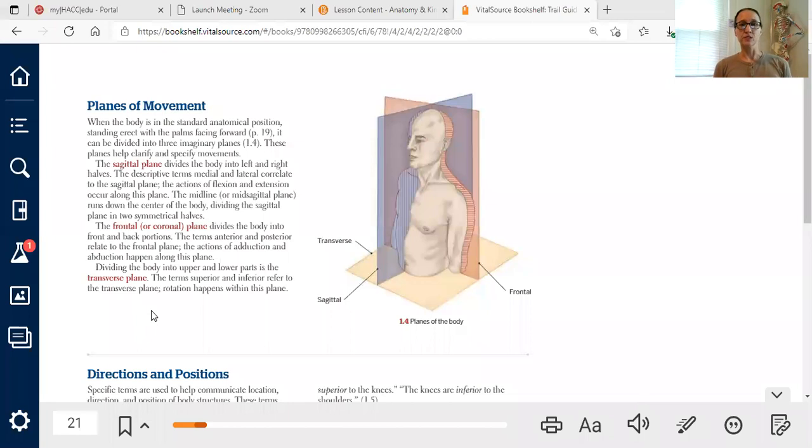All right, now last but certainly not least, we have the transverse plane. The transverse plane goes across and through the body, or transverse to the body, and this divides the body into upper and lower parts. Just like the other planes, it can be anywhere along the body, so you can have a transverse plane here, separating the head from the rest of the body, or you can have a transverse plane at the waist, or at the chest, it doesn't really matter, okay?